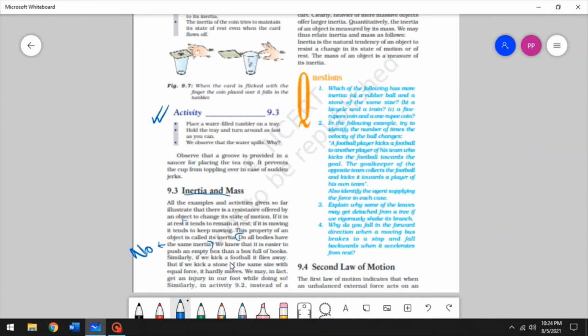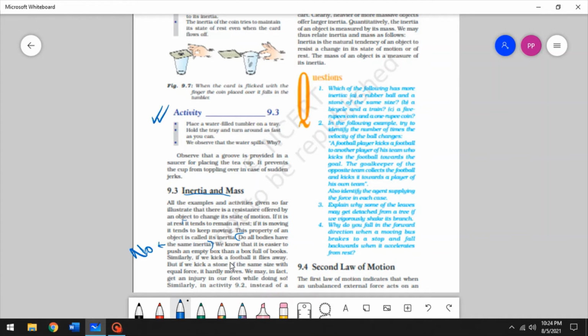So that shows us that not all objects have the same inertia. There are different objects and each of them has different inertia. They might be very similar, like pushing a pen and a pencil might take the same effort, right? A few objects have similar inertia, but not all objects have the same inertia.